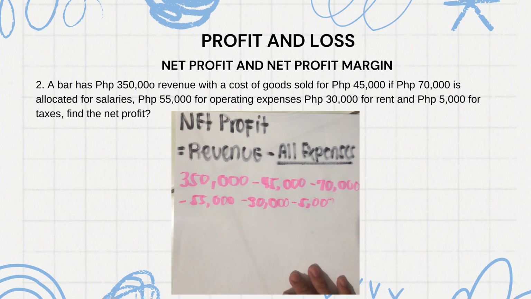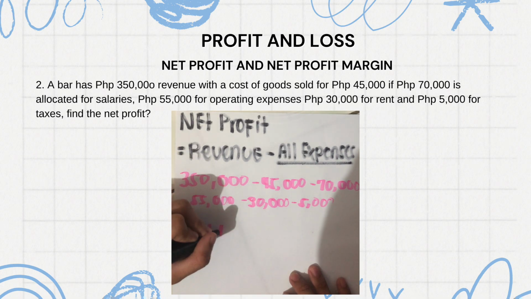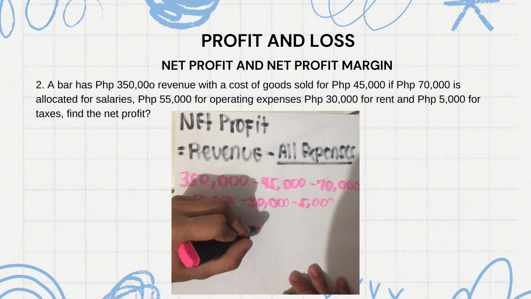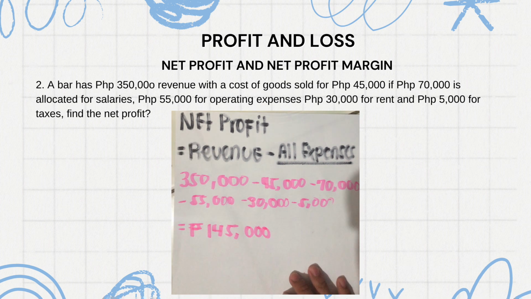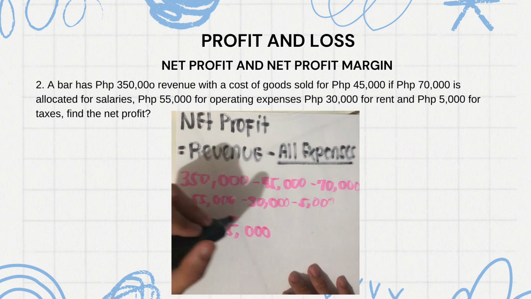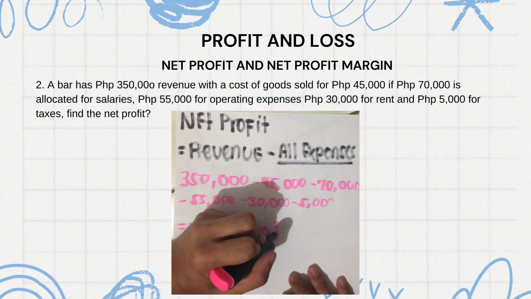Subtract all of them. So our answer is 145,000 pesos. This is our net profit for the problem.